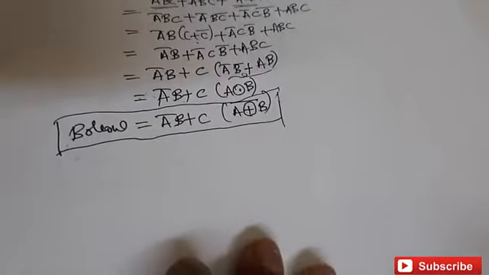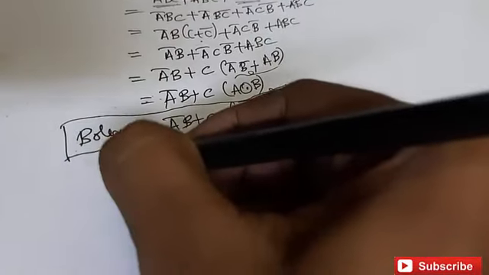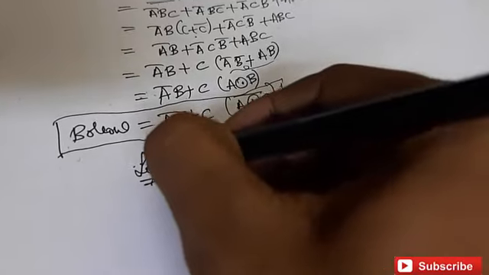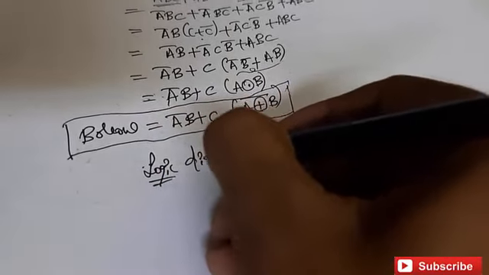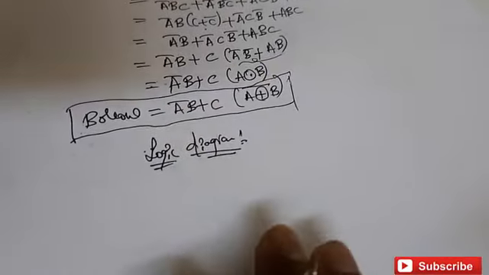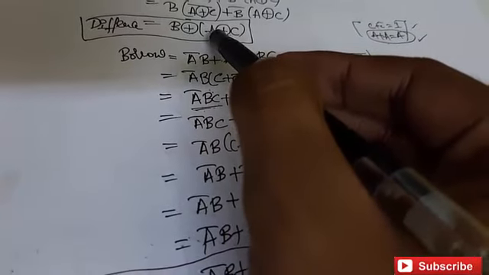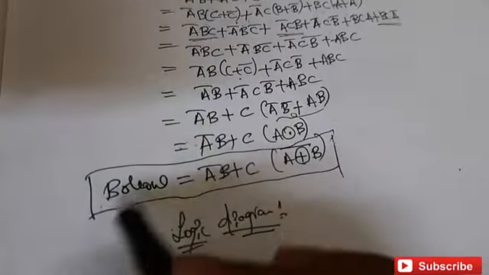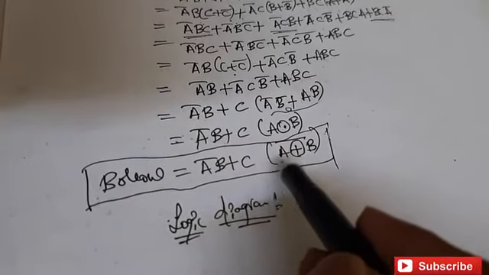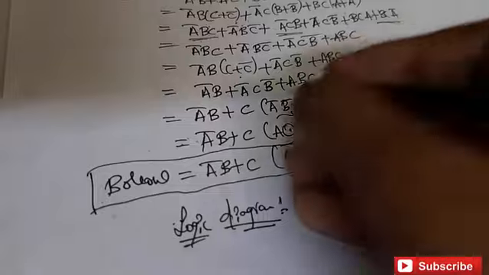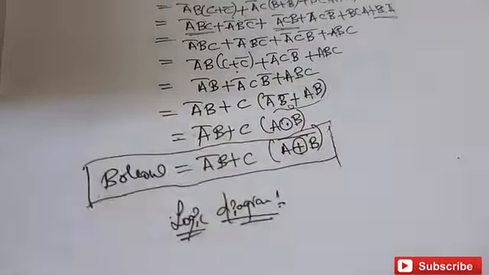Now let's draw the logical diagram for this. The difference is B XOR A XOR C. Borrow is A bar B plus C into A XOR B whole complement.